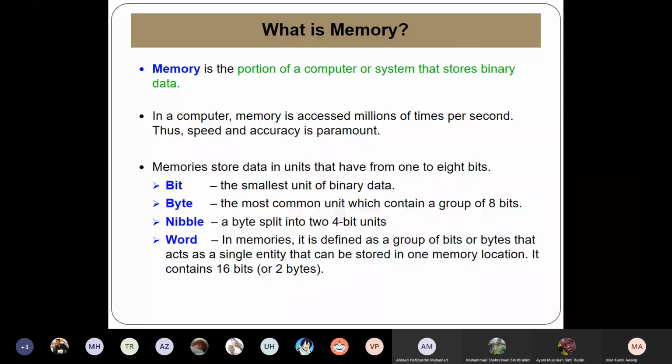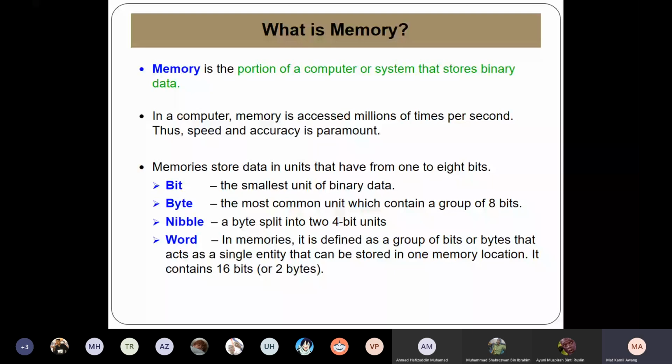A nibble is 4 bits. It's a byte split into 2. So that's called a nibble. So 2 nibbles is equivalent to 1 byte. 4 bits is equivalent to 1 nibble. And another term is word.